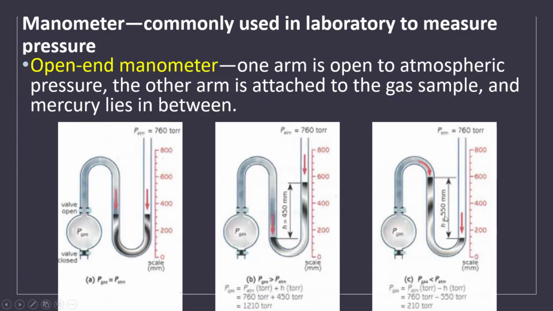There's a difference of 550 millimeters of mercury, and 760 torr minus 550 is 210 millimeters of mercury, or 210 torr. So the pressure of this gas sample is only 210 torr.